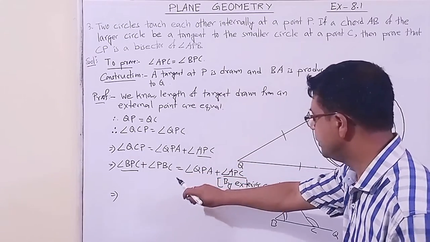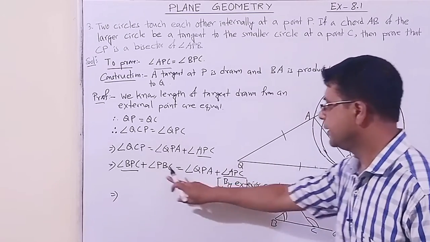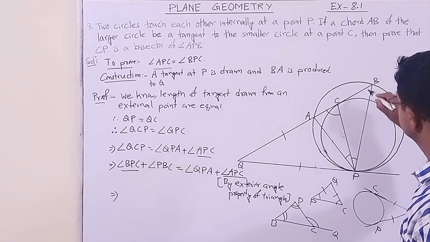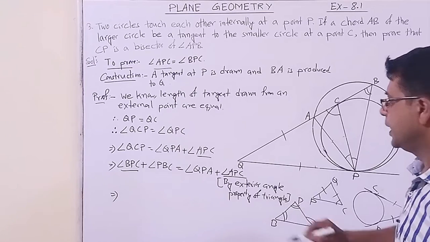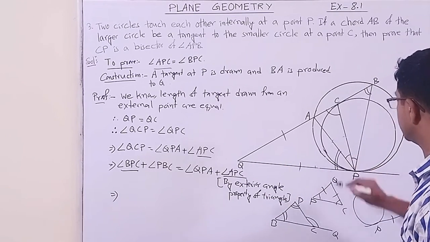We want to remove these two angles. So let us mark these two angles in the figure. PBC, what is PBC? This angle. Let us mark this angle with a double arc, and QPA, this angle.